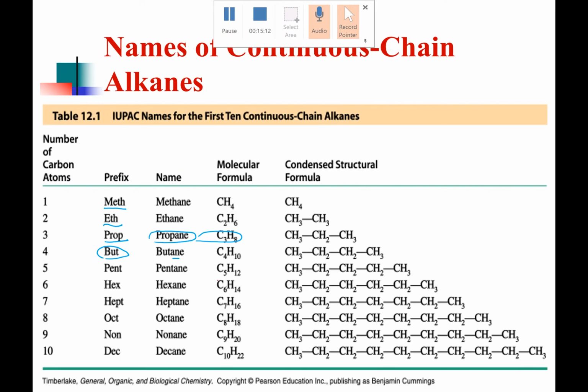And then pent for pentane, hex for hexane, 7, hept. Heptane is an alkane which has got 7 atoms of carbon. Oct, 8 carbons. It's an alkane, so octane. 8 carbons, 8 times 2, 16, add 2. You get 18 hydrogens. 9 carbons is non. For alkane, it has a suffix of A and E, so the name of this hydrocarbon is nonane. If you have 10 carbons, the name is decane.